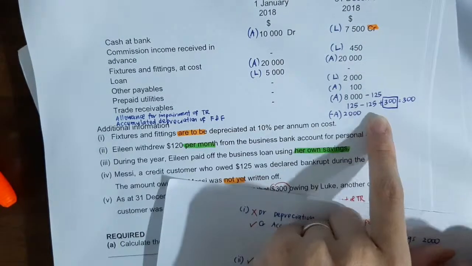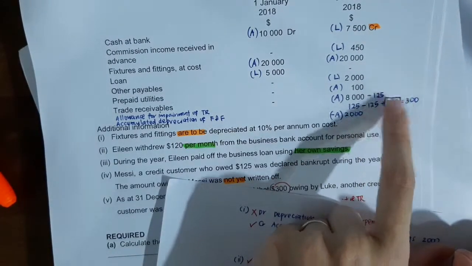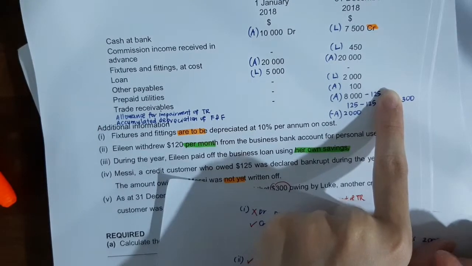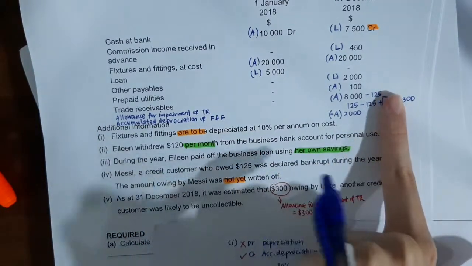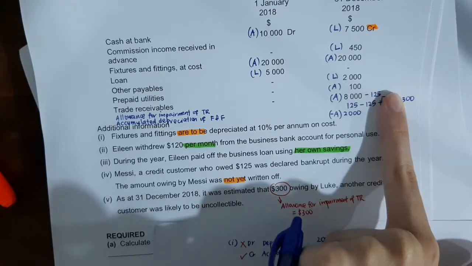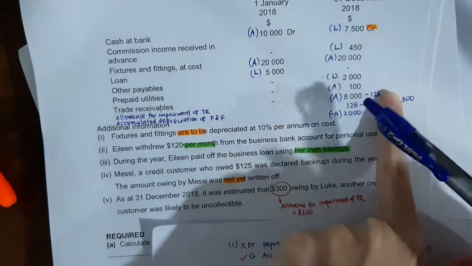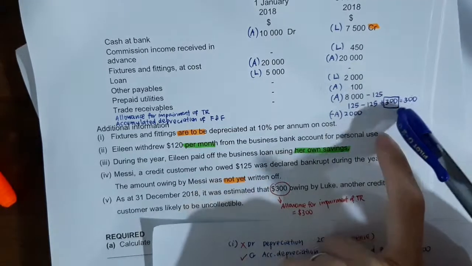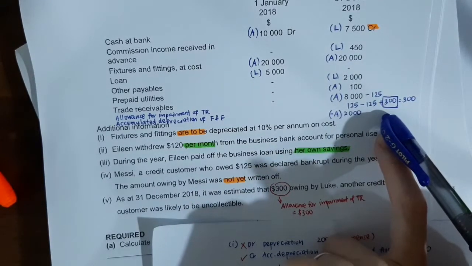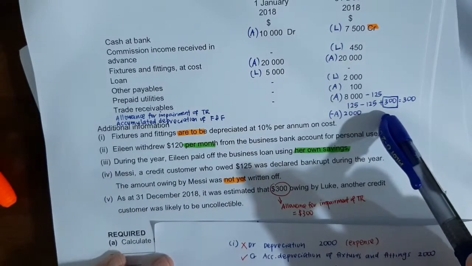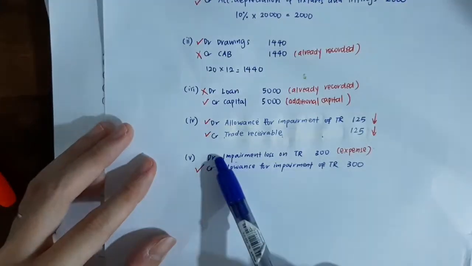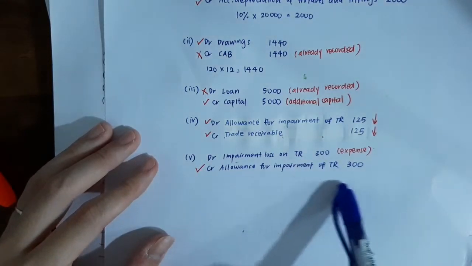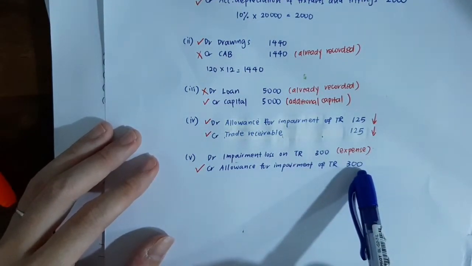I repeat again. Just now after writing off, 125 minus 125 is 0. Agree? And we know that the ending balance the question wants is $300. The ending balance in my allowance account is 300. So we need to increase my allowance by 300, which also means that my impairment loss on TR is $300, and allowance goes up by 300.